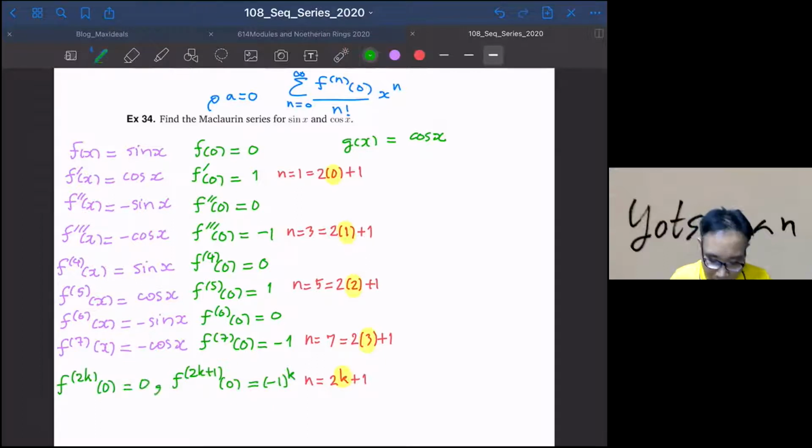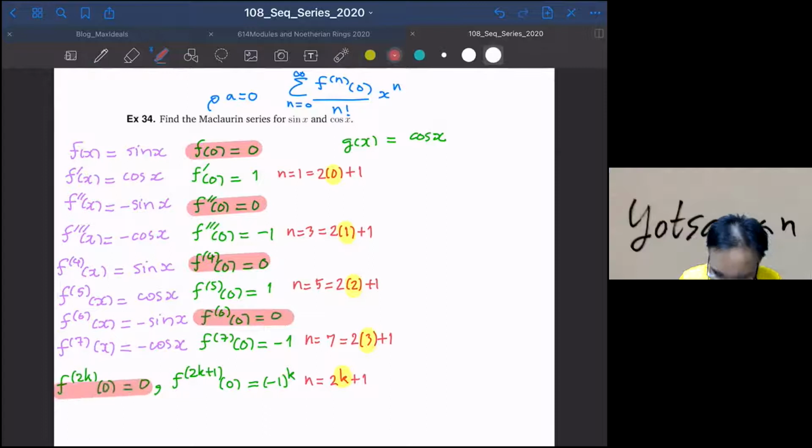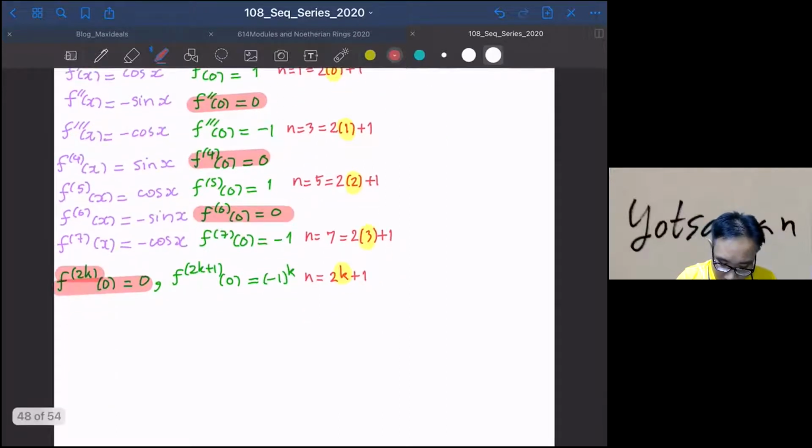That takes care of the even terms. So the even terms all disappear, and you have the terms with odd power turn out to alternate, 1, negative 1, 1, negative 1. So in this case you have sin x.